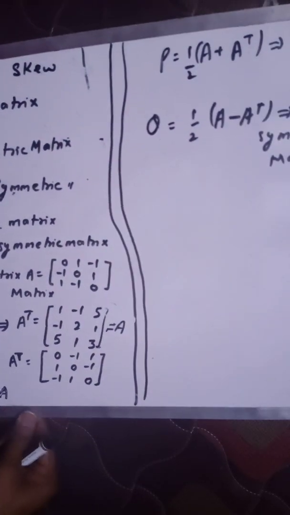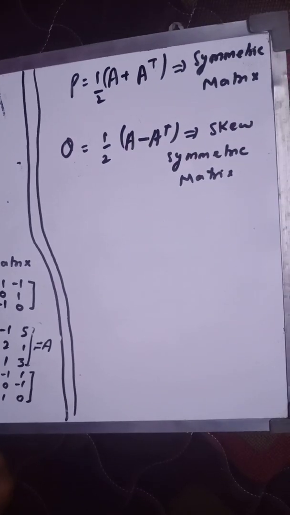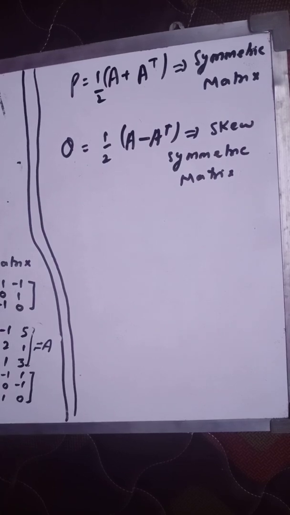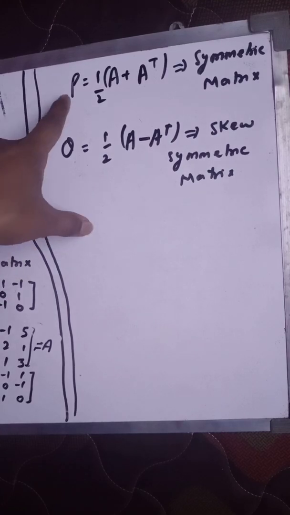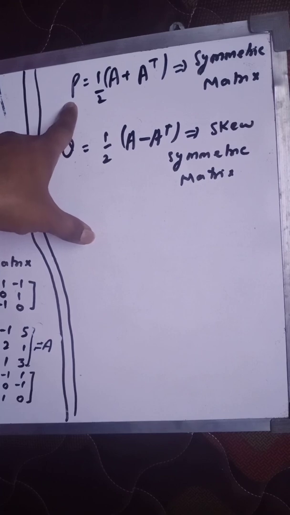Now see, if any matrix A is given to you, any matrix, and you have to find out a symmetric matrix from A only. So we are assuming that P is any symmetric matrix.